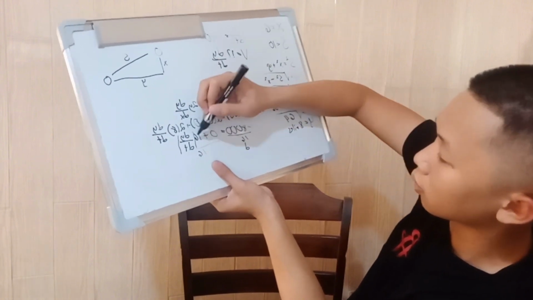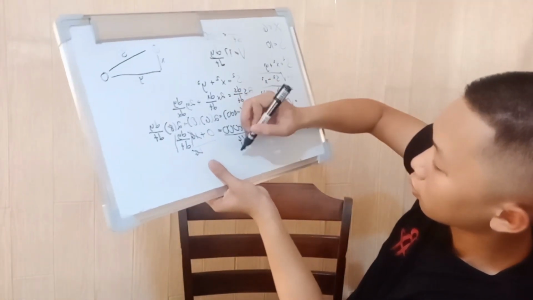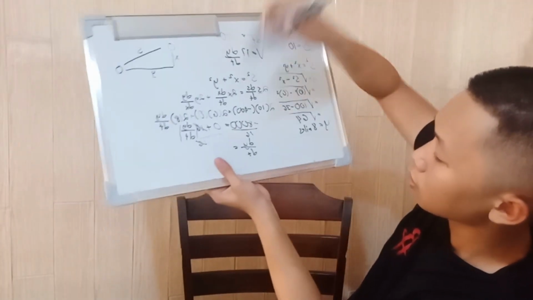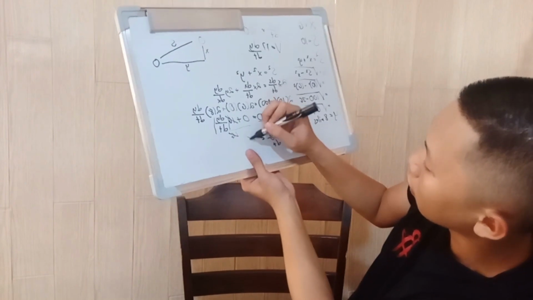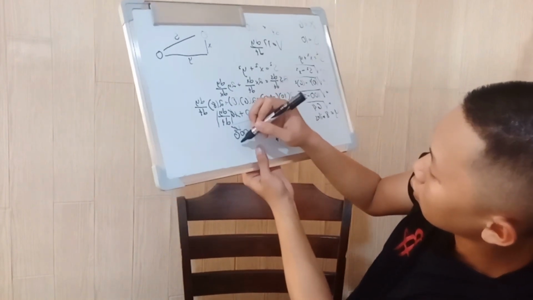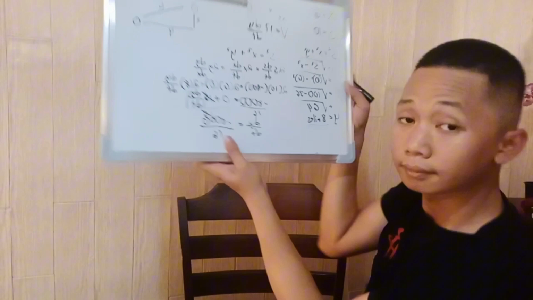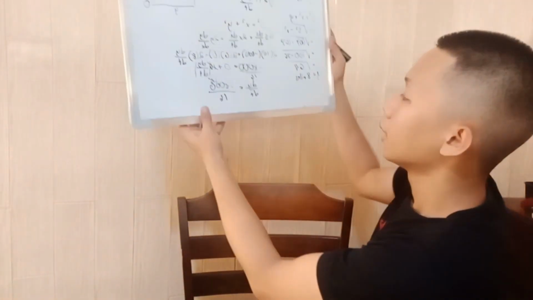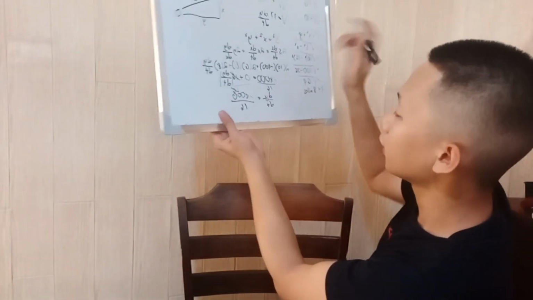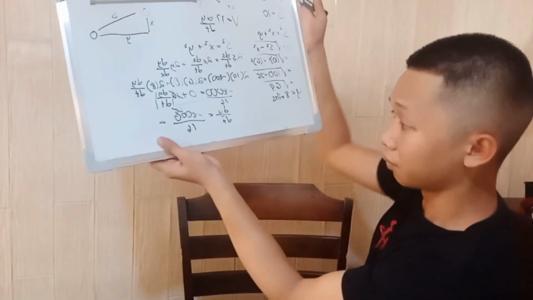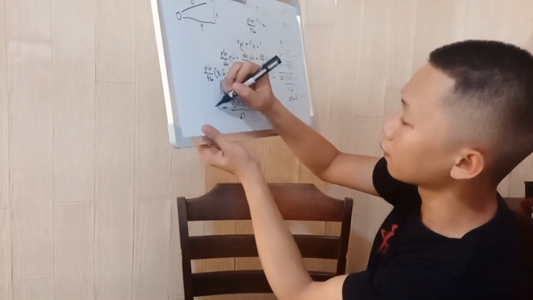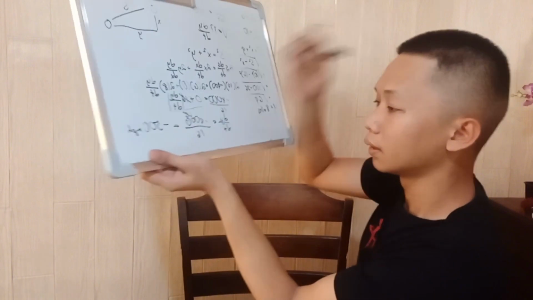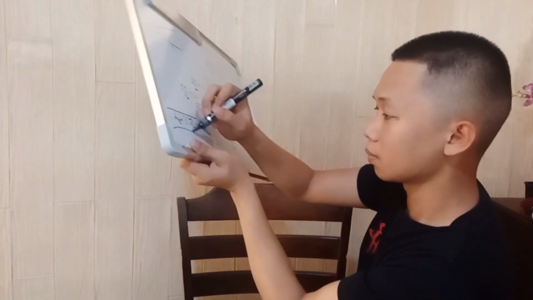So you're left with dy over dt is equal to negative 8,000 over 16. Now after that, we find that dy over dt is equal to negative 500 miles per hour.